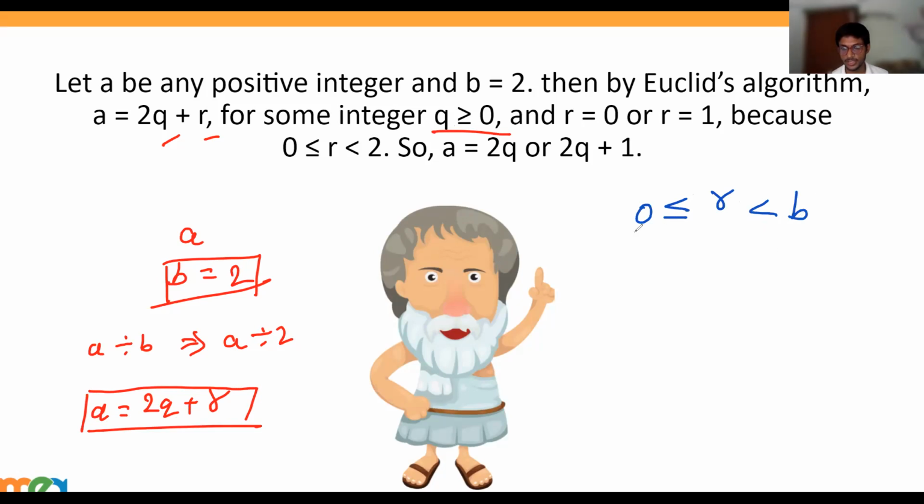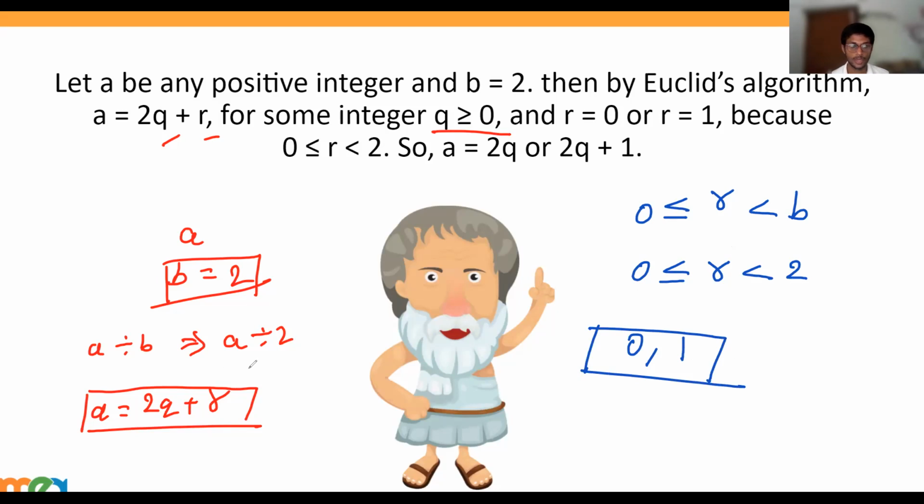Since b is equal to 2, r is greater than or equal to 0 and less than 2. So what values can r get? r can be 0 or 1, but r should be less than 2, so it will not get 2. There are only two possibilities for r.